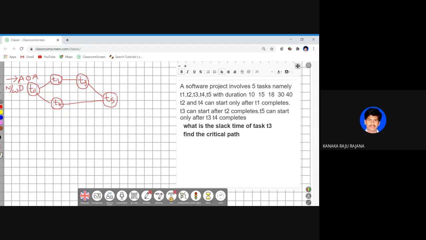Now comes the next and the last. In the next session, I am going to cross check the slack time of task T3 and the critical path. Next, note down the next question.